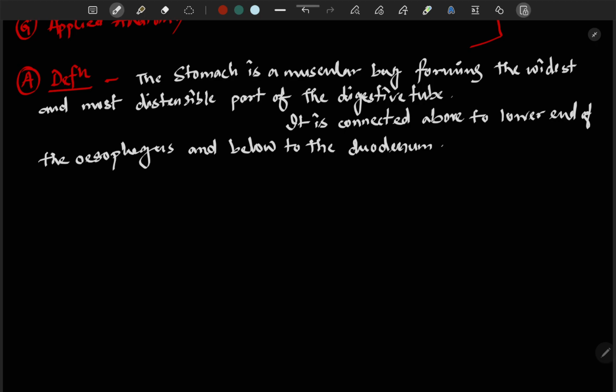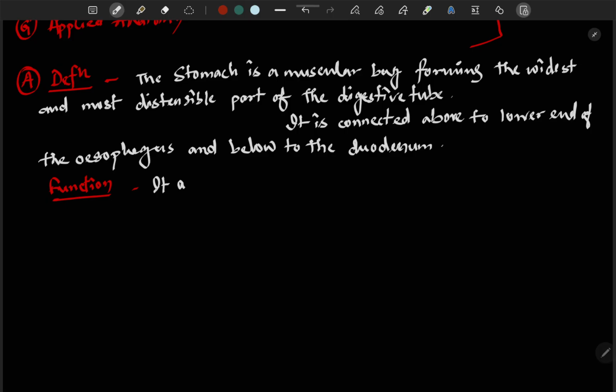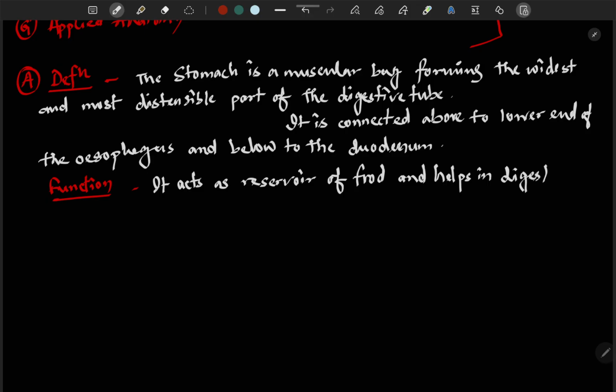Now the function of the stomach. It acts as a reservoir of food and helps in digestion of protein and fats.